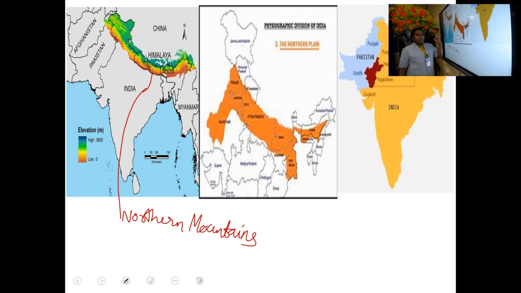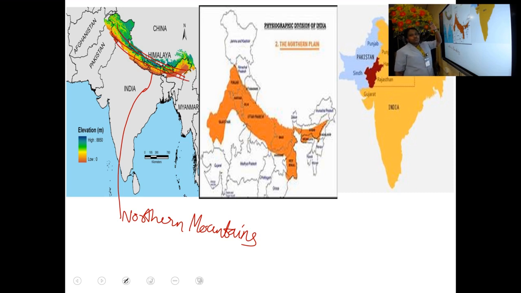The Himalayas are very tall mountains and also they are covered with snow throughout the year. It consists of the highest peaks in the world. Mount Everest, Kanchenjunga, etc. are located in the Himalayas.